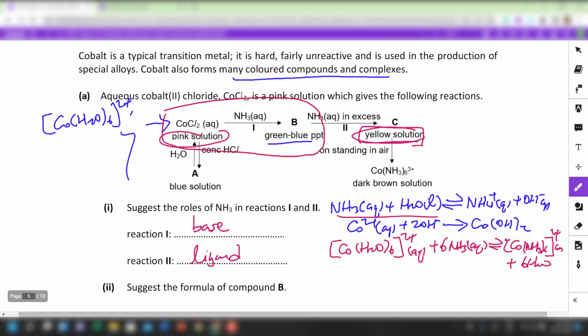Usually we will test you on either one, or it could be sequential. For example, in this case, it is sequential, because after ligand exchange, on standing in air, the hexaamminecobalt(II) complex changes in color from yellow to dark brown. So this is a clear example of a redox reaction. It's an oxidation reaction in our case here.